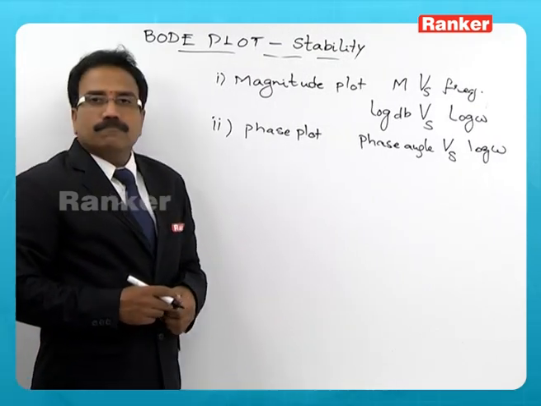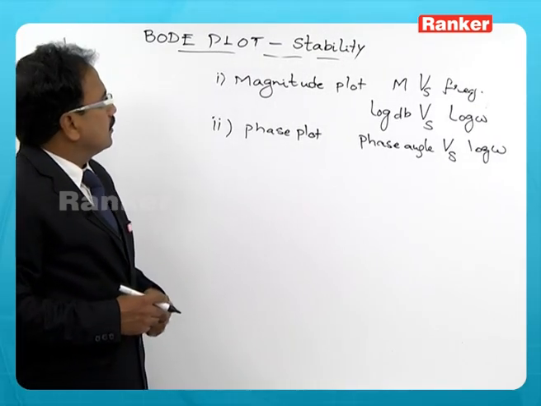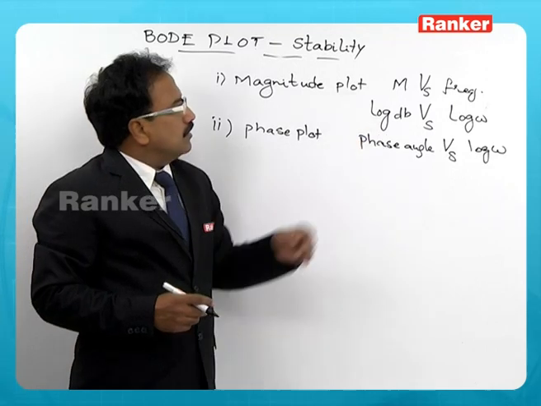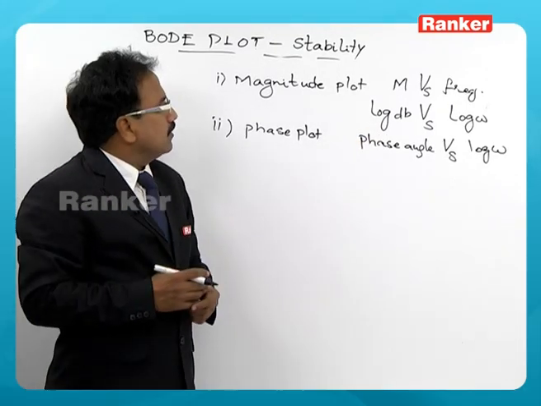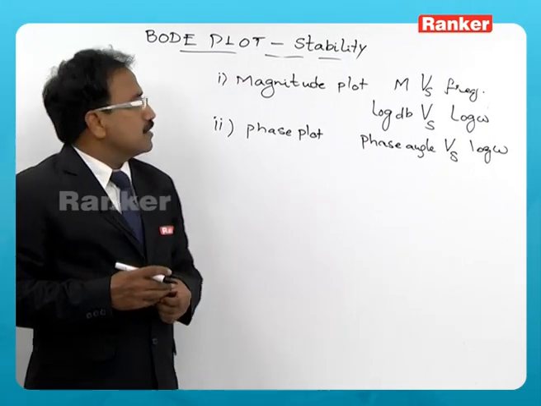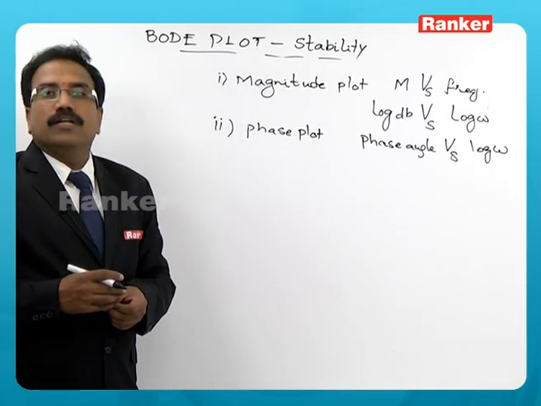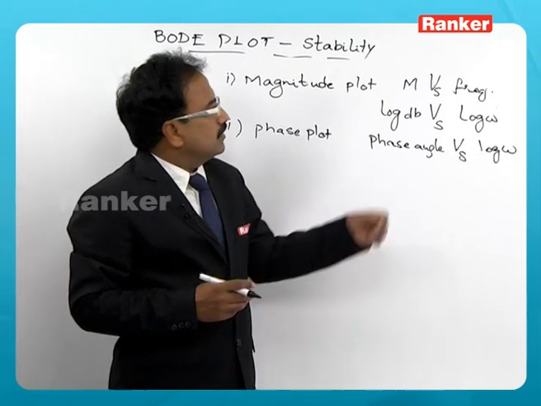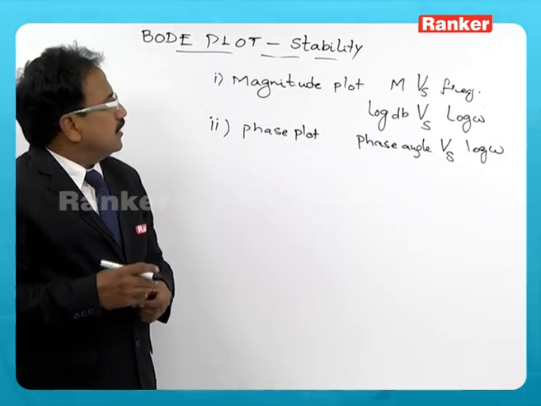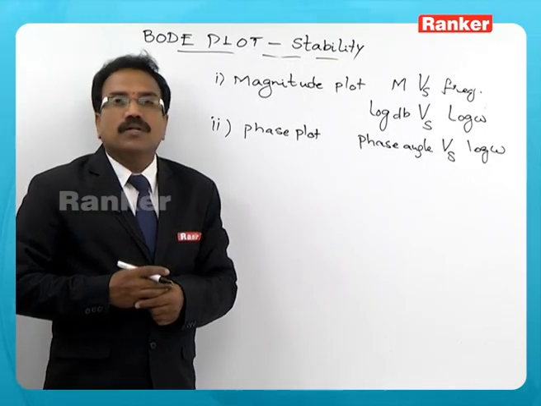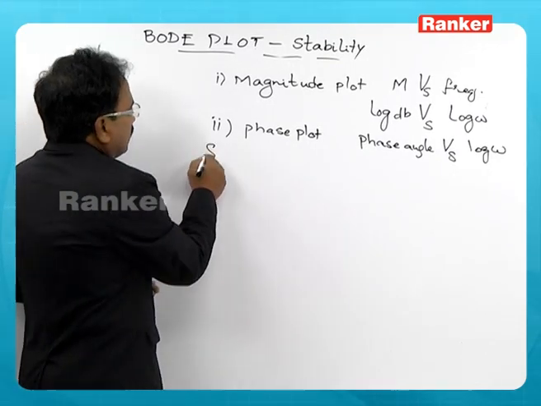And the magnitude plot is actually the y parameter is expressed in decibels in linear scale, but the frequency is taken on log scale, and that is the reason why this plot is drawn on semi-log graph sheet.